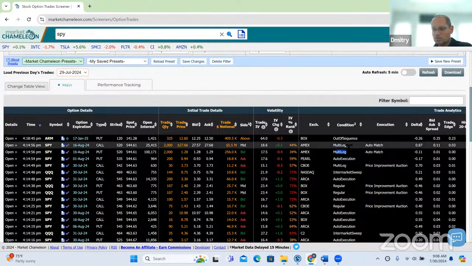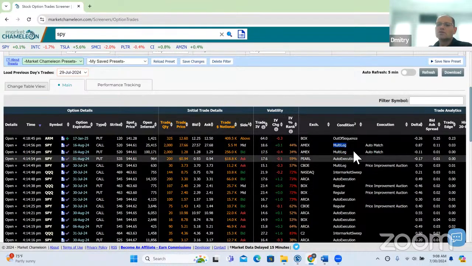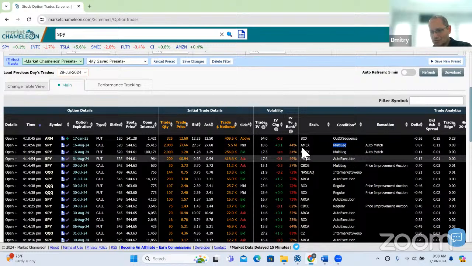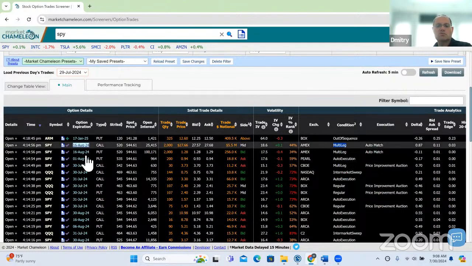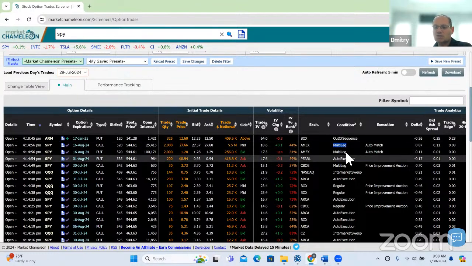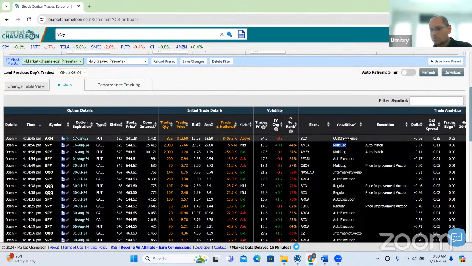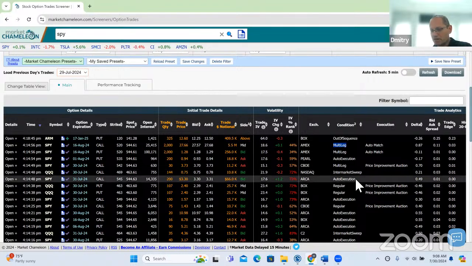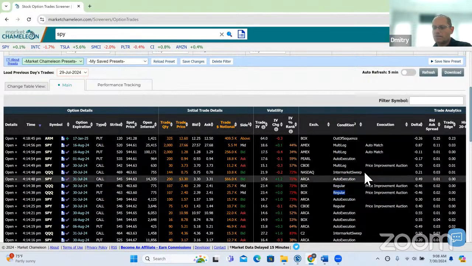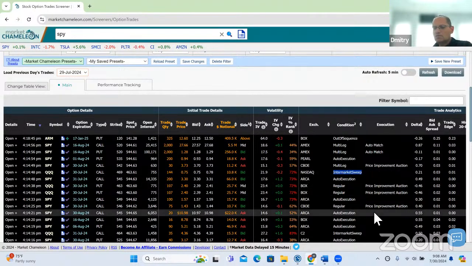Multi-leg means that this trade was part of a multi-leg trade. There's another leg to that trade. And here we could see these two are probably related. This call and put both traded on the Amex at the same time. So these were probably the ones that were related, but then you have auto execution, regular trades, intermarket sweeps. You get all these different conditions.